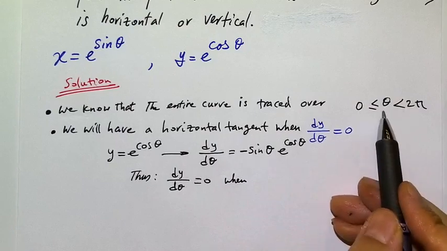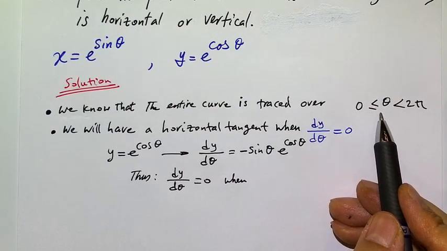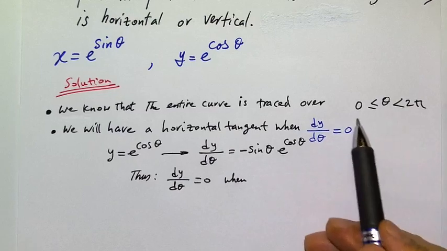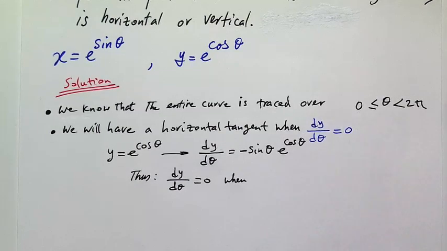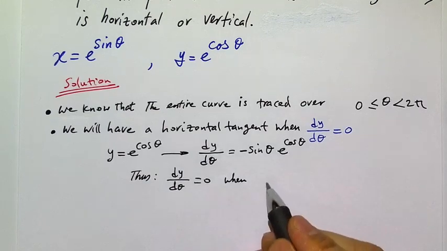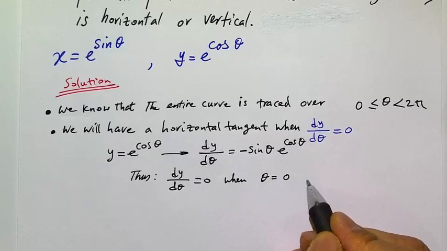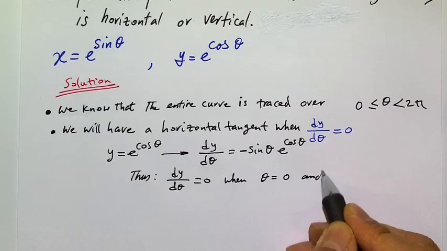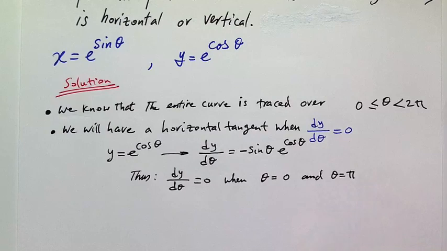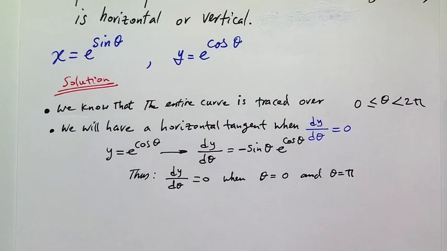Within this range, that happens at theta equals 0, and it happens again at theta equals pi. So that's when we have a horizontal tangent.